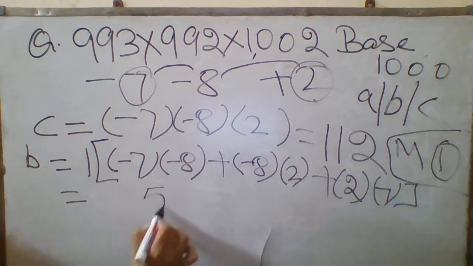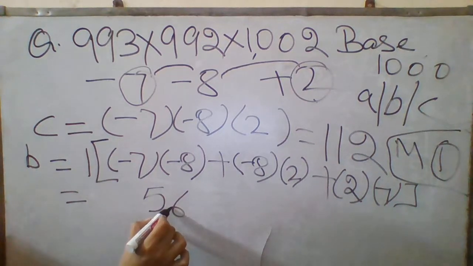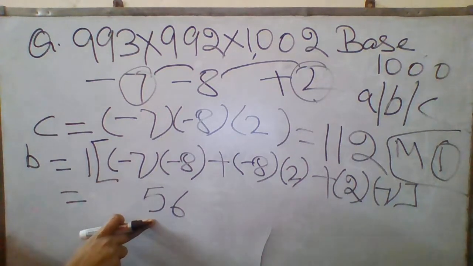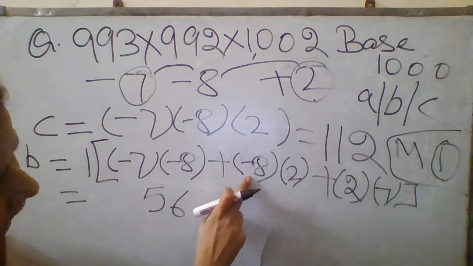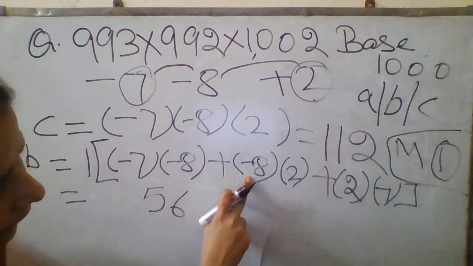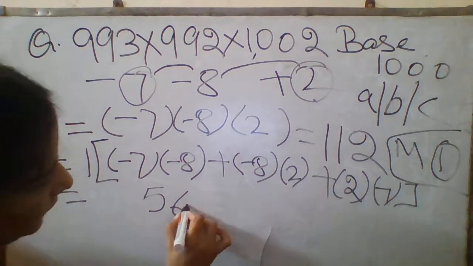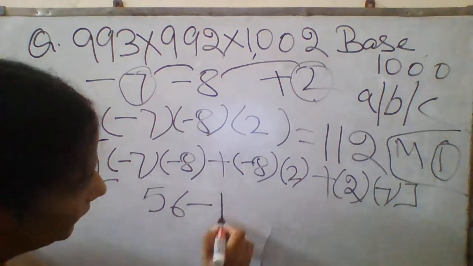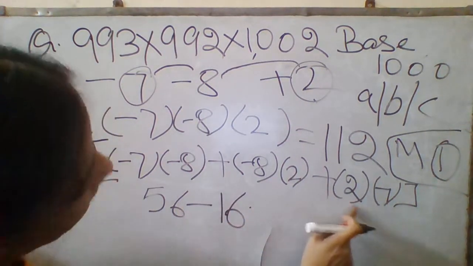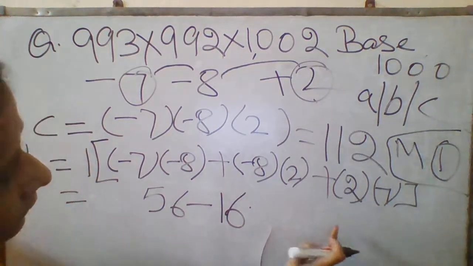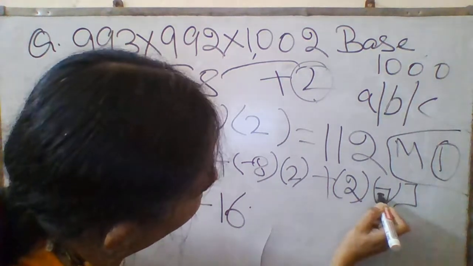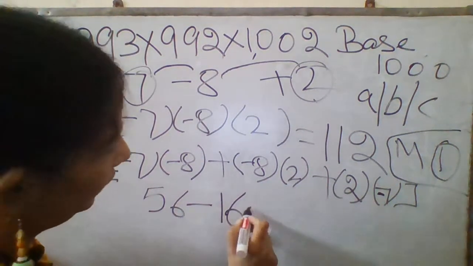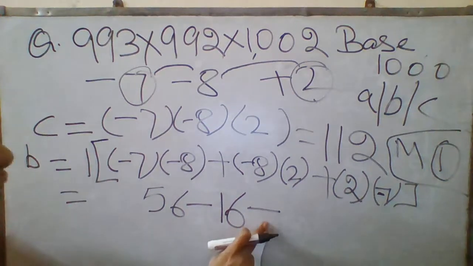7 8s are 56. I have written 56, a minus into minus is plus, so this is plus 56. Now look here, this is minus 8. Minus into plus will be minus, so I will write minus here. 8 2s are 16. Then you see this is plus 2 and this is minus 7. So this is plus 2 into minus 7, so here I will write the sign of minus.